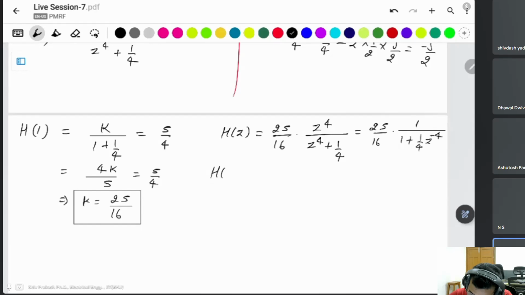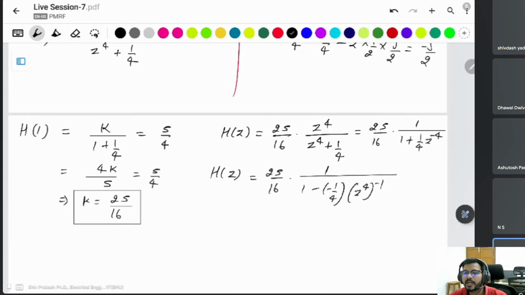This thing can be written as 25 by 16 into 1 divided by 1 plus 1 by 4 into z power 4 inverse.